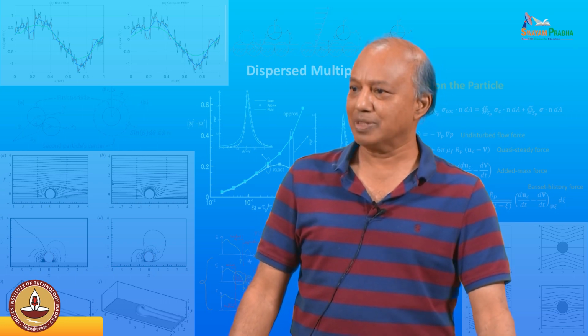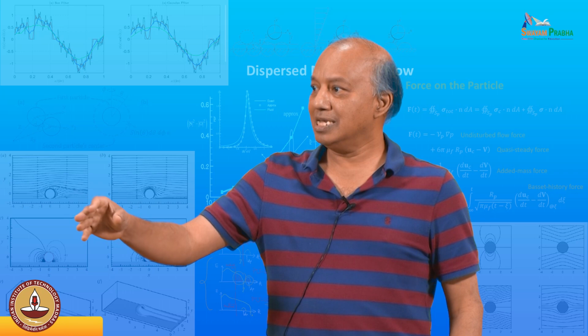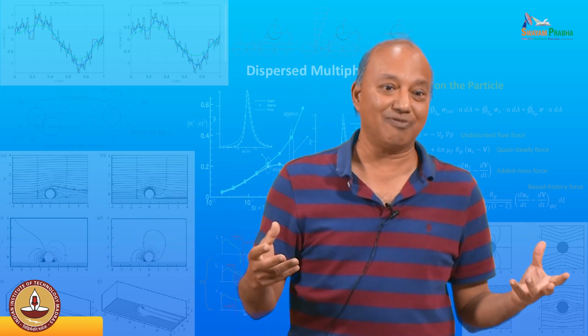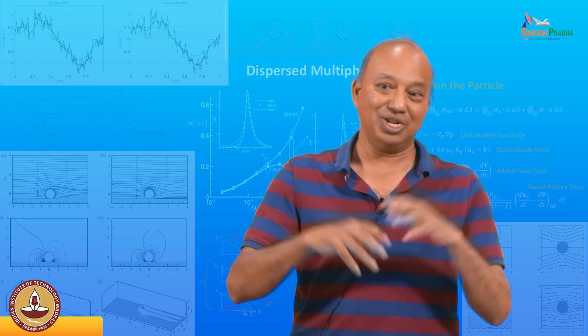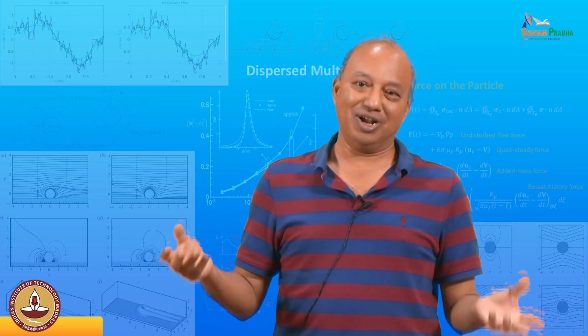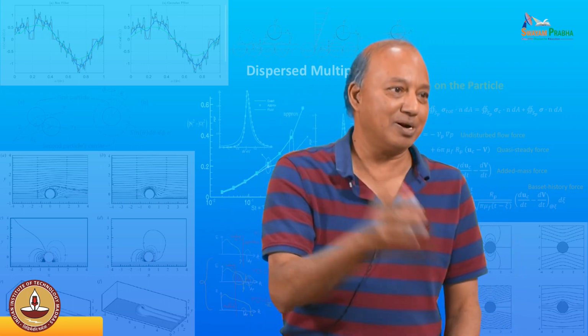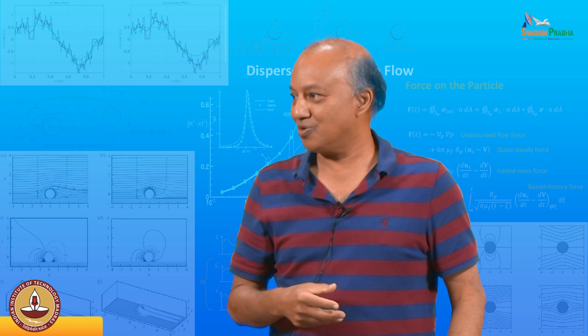Okay, so when a particle is in a shear flow and it is rotating, now you have two kinds of lift forces. They can cancel each other, they can reinforce each other, and you got to be very careful. So you have to take into account what is the shear that the particle is in, how much the particle is rotating.